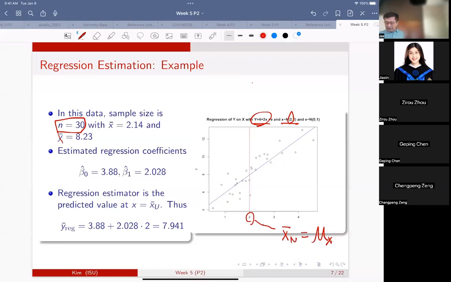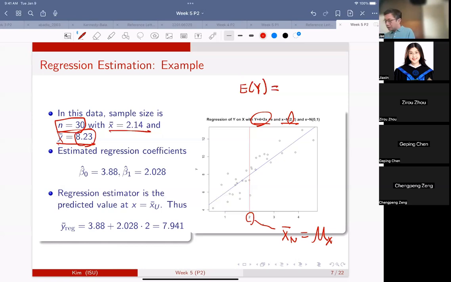And for the sample, with a particular realization, I have randomness. So my sample mean is 2.14. Okay, so my 2.14 is the sample mean. And in this particular sample, my sample mean of Y is 8.23. But what is the true mean of Y, by the way?